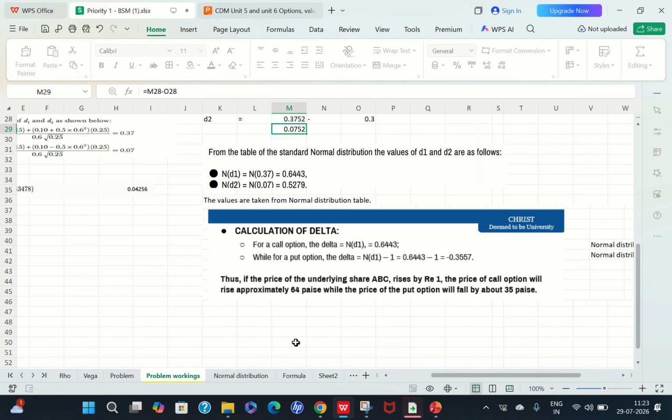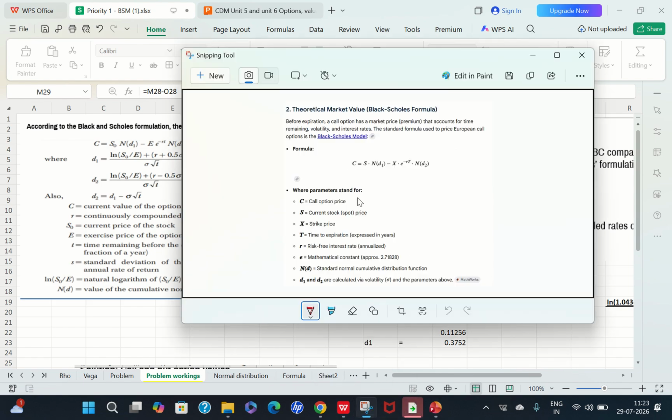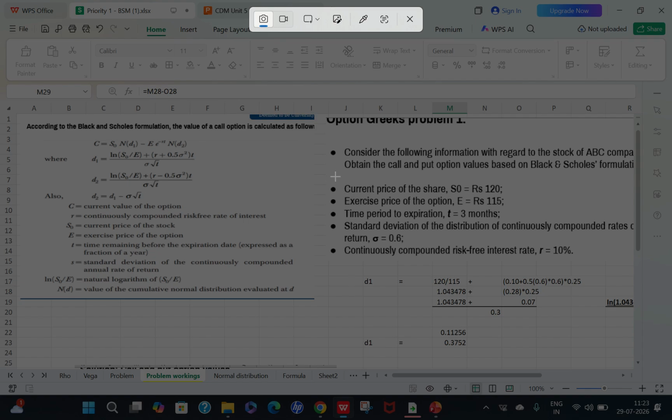The current problem, so this is the problem we have.